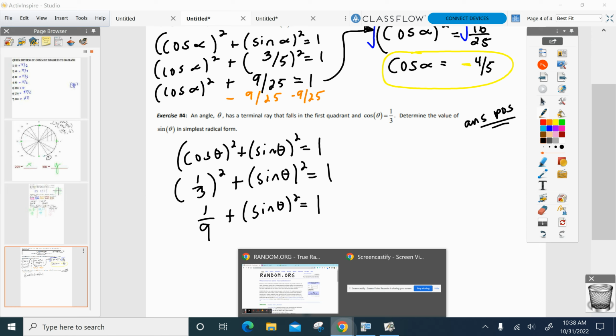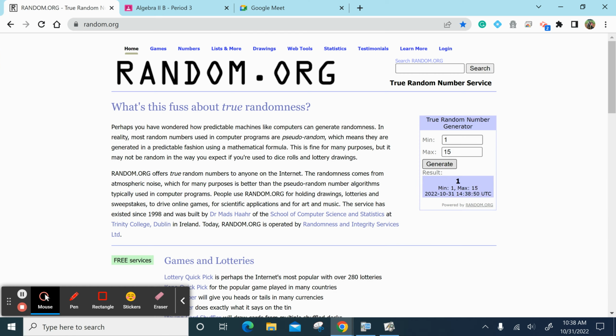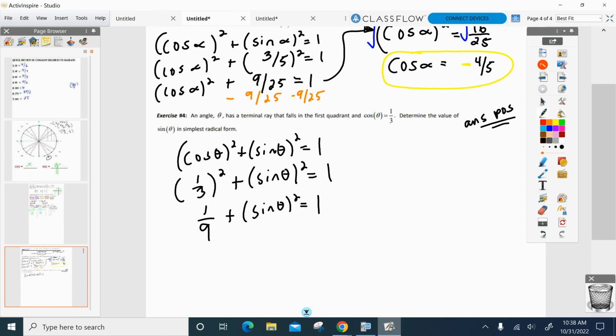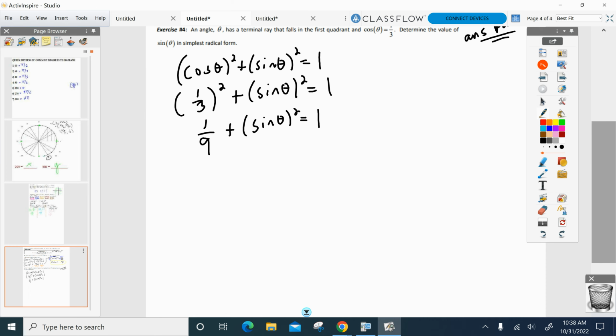Next step, to get sine theta by itself, I'm not there yet. I got to get rid of the 1/9. And then remember, that's a theta, not a 0, right? That's theta, so we want to leave that alone. So subtract your 1/9.